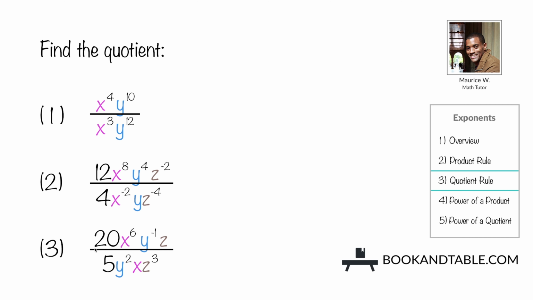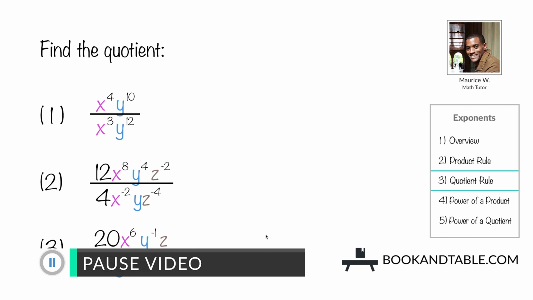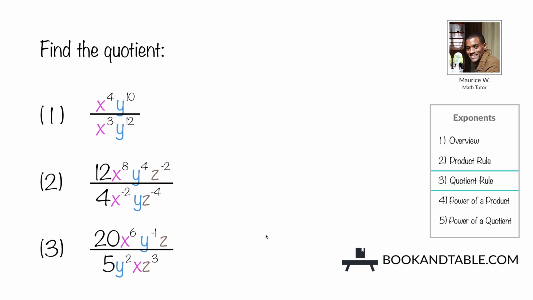Question number 3, 20 x to the 6th, y to the negative 1 times z, divided by 5 y squared, x, z cubed. Pause the video, answer these questions, and then press play when you are ready to begin.